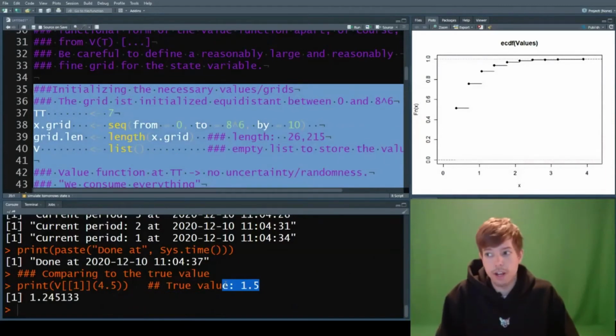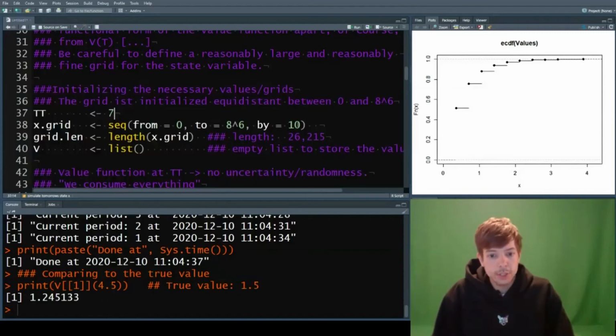So we are quite far away from the true value. That is very unfortunate, and the reason for that is that the grid is not fine enough here. So the grid always is important when formulating and coding these problems and solving them numerically.